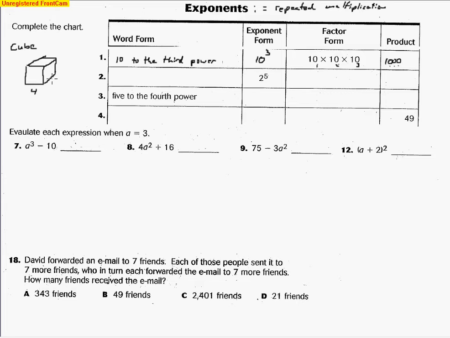This side's 4 units and this side's 4 units. The volume of this cube would be all those sides multiplied, 4 times 4 times 4. Because we talk about volume, we have cubic units, because it's to the third power.